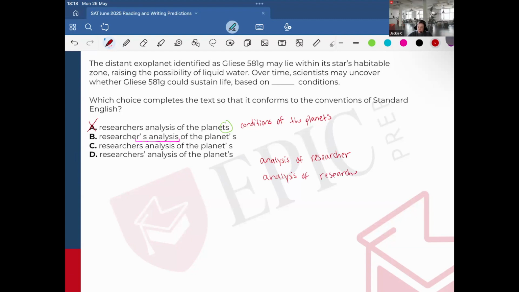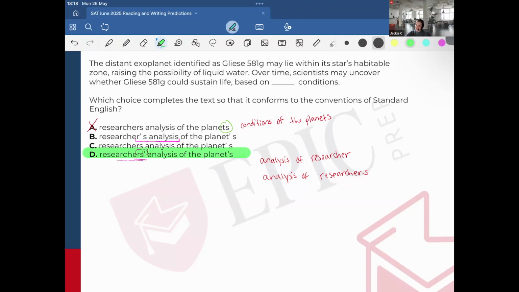And logically, there's going to be more than one researcher. So for that reason, it would have to be option D, which is the plural apostrophe. When you have multiple researchers doing an analysis, I need to put the apostrophe after the S. And therefore, I know for sure that it is option D.